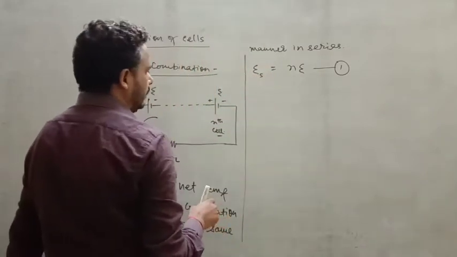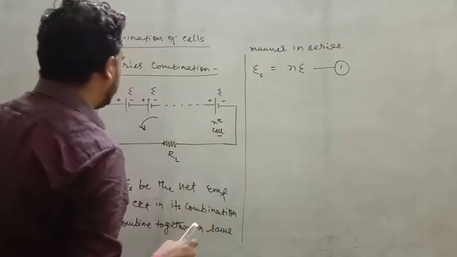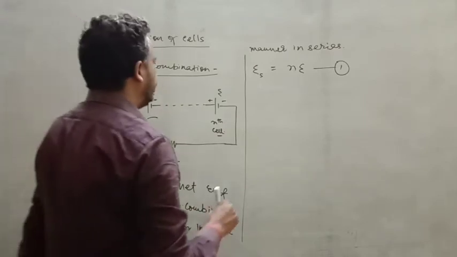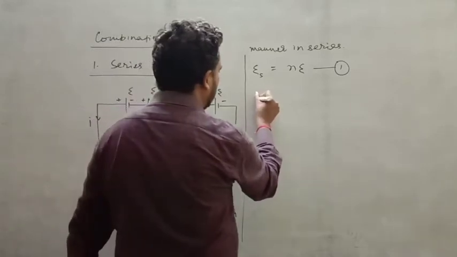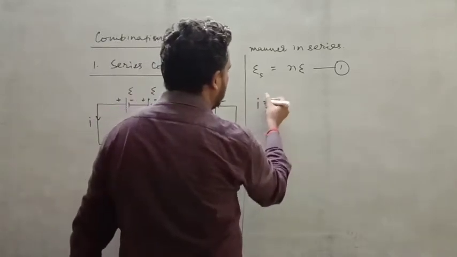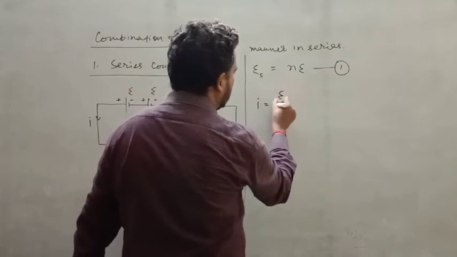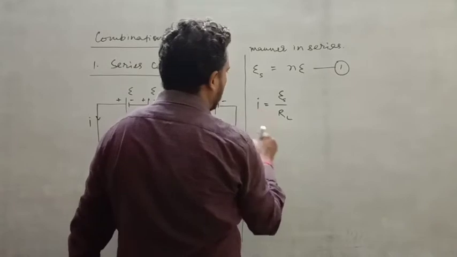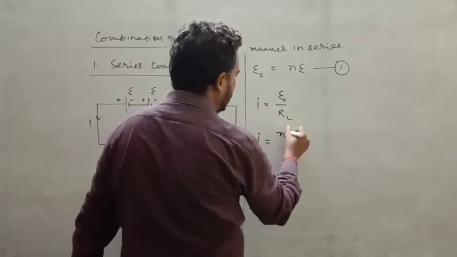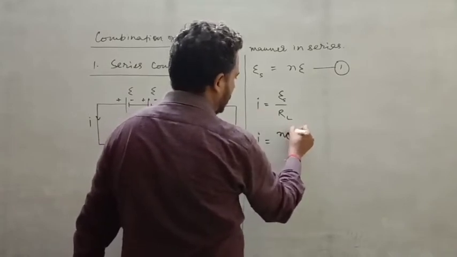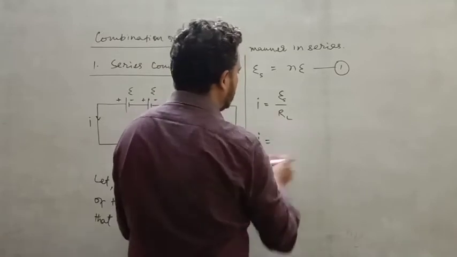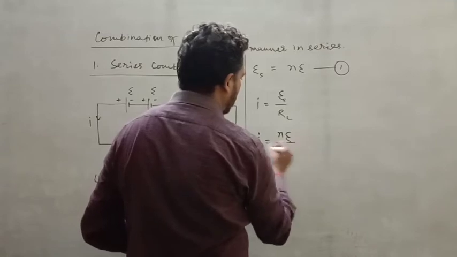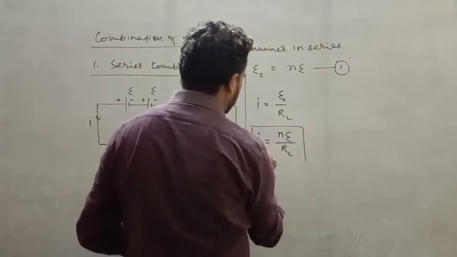If I want to ask how much current is flowing in this circuit, it is very simple: I is equal to ES by RL. That is, I is equal to nE by RL, and this is your result.